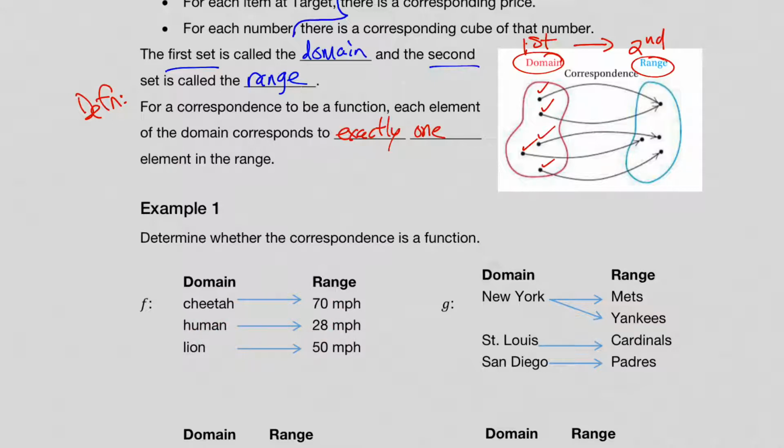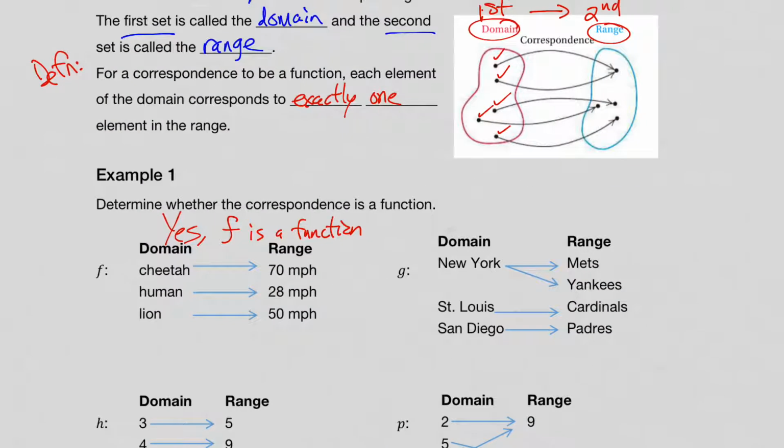Okay? So the cheetah, the human, the lion, they all correspond to one element in the range. Okay? So in this case, this is a function. F is a function.